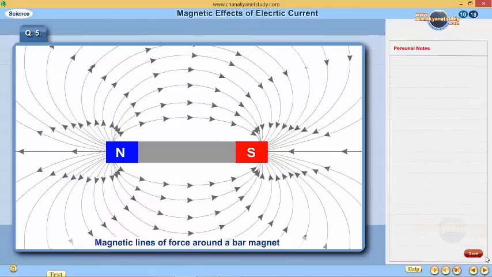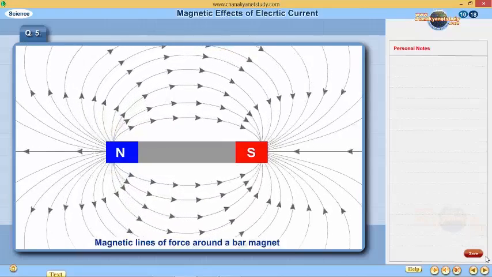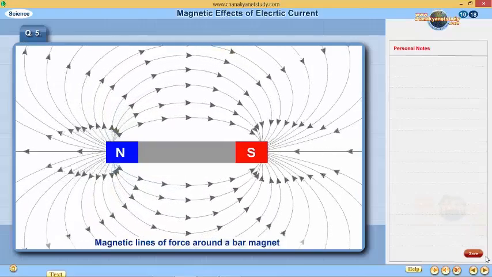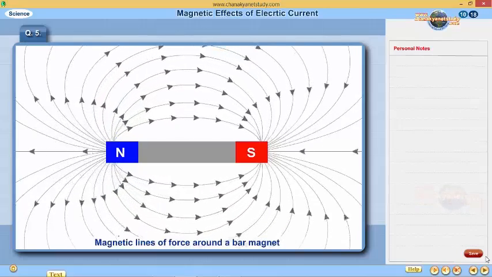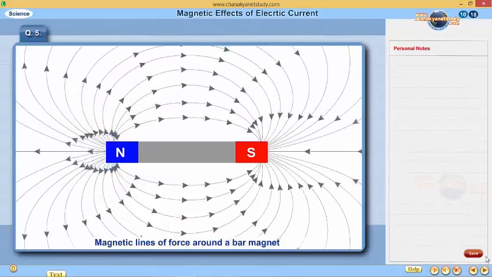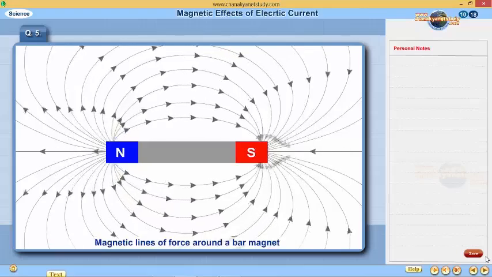The tangent at any point on a magnetic line of force tells the direction of the magnetic field at that point. 3. Two magnetic lines of force cannot intersect each other. 4. Magnetic lines of force are crowded where the magnetic field is strong, but they are far away from each other where the field is weak.